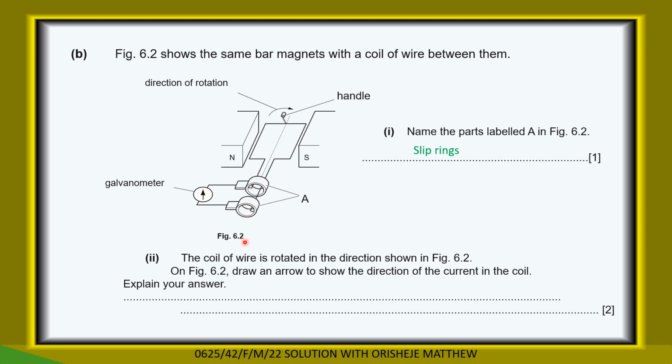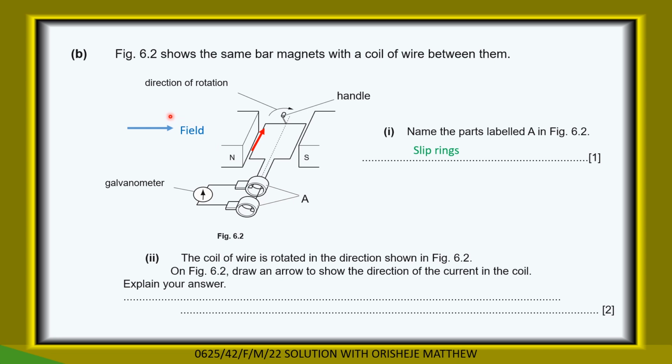The coil of wire is rotated in the direction shown. So this wire here is moving up and this one is going down. Draw an arrow to show the direction of the current and explain your answer. So you use your right hand rule.